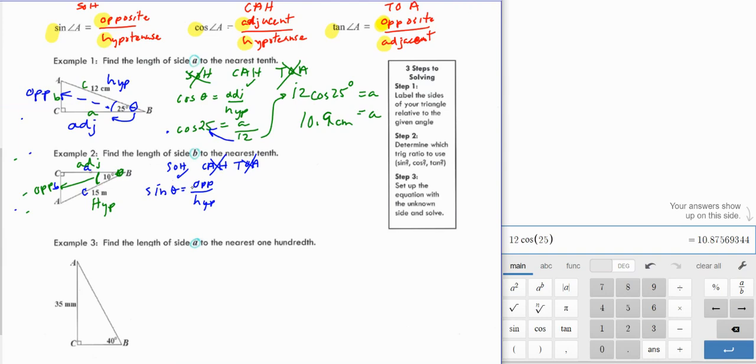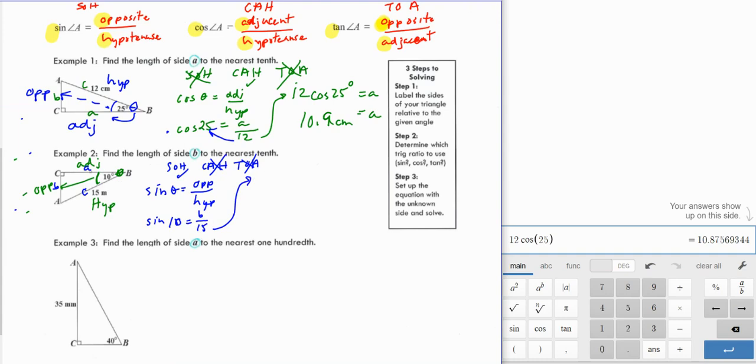S, O, and H. The sine of 10 equals, what's above? So what's our opposite? That's our B that we're looking for. And our hypotenuse is 15. Let's bring this up here to continue.